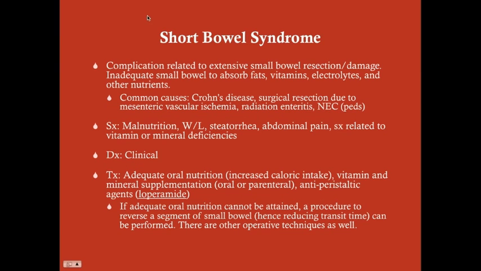However, some patients in the long term will continue to have these symptoms, and it's important to pick that out because for these patients you'll need to increase their diet, increase their caloric intake, make sure that you're supplementing their vitamins and minerals, and then there are some other techniques you can do, either medical by giving these antiperistaltic agents or surgical via small bowel reversal.